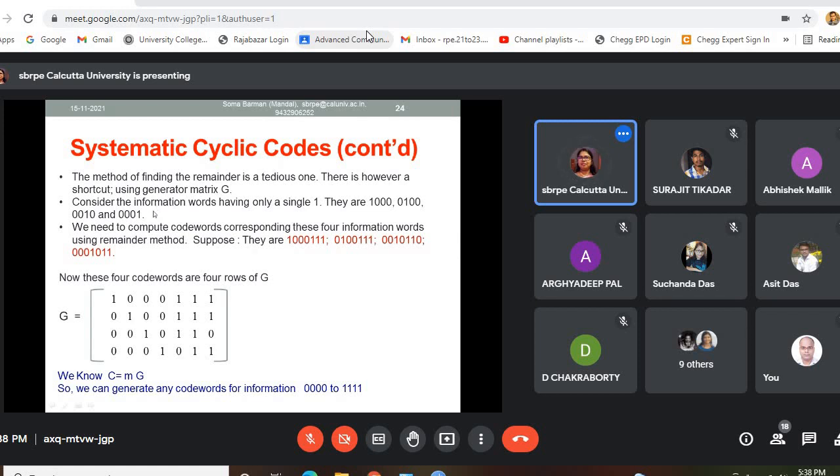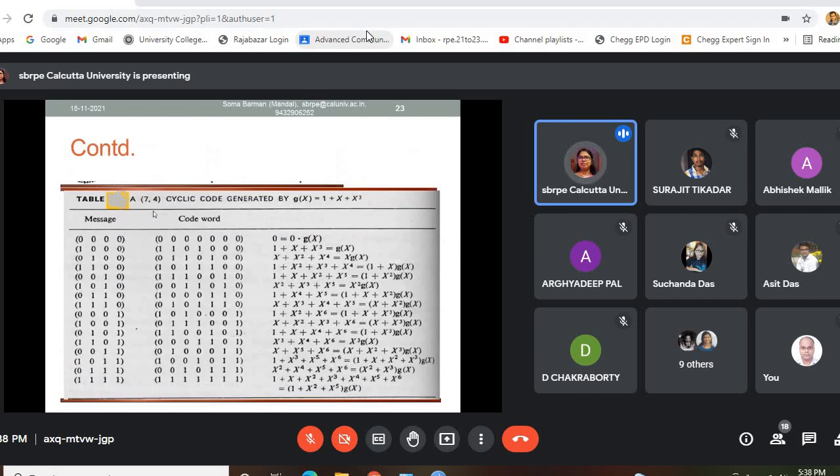Now you have to consider only the information that contains only a single one. If I take this table for 4 bits of information, 16 combinations are there.